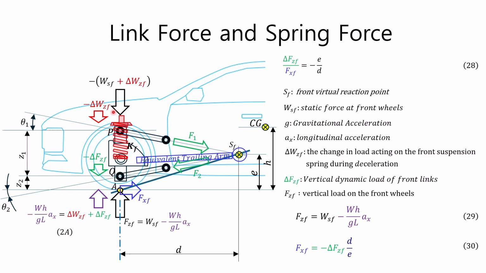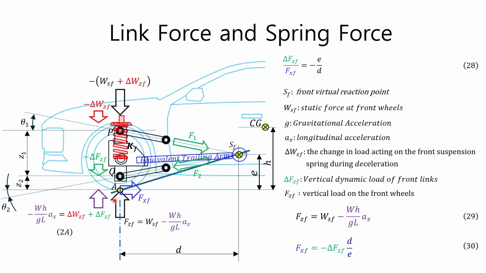Here, delta WZF is the front spring force converted into a force acting along a line passing through the wheel center and perpendicular to the road surface. Minus delta FZF represents the vertical dynamic load compressing the front suspension links during braking. FZF represents the total vertical load on the front wheels.